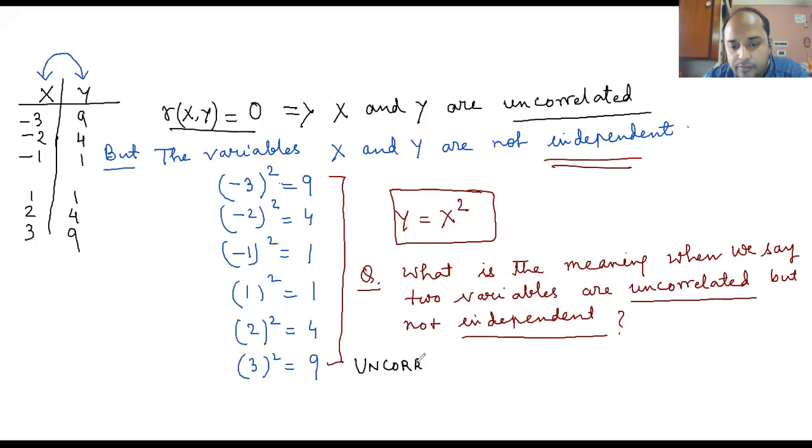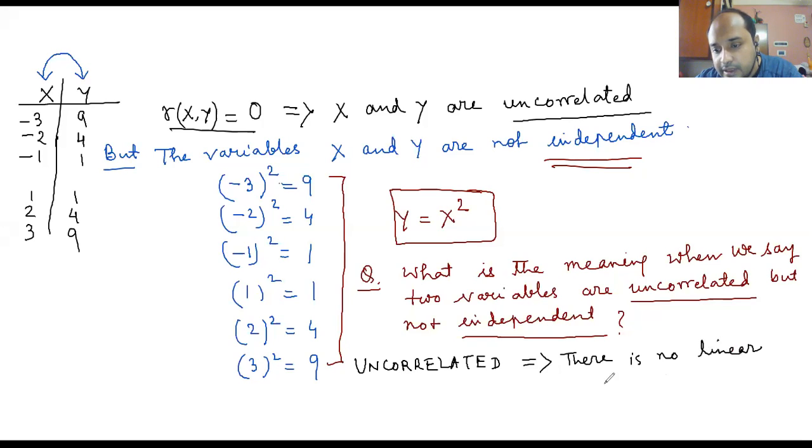uncorrelated actually means there is no linear relationship between the two variables. What do you mean by that?